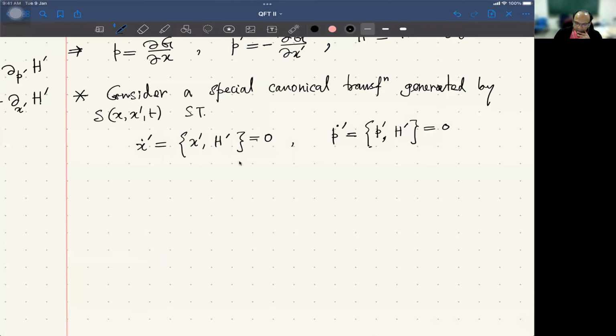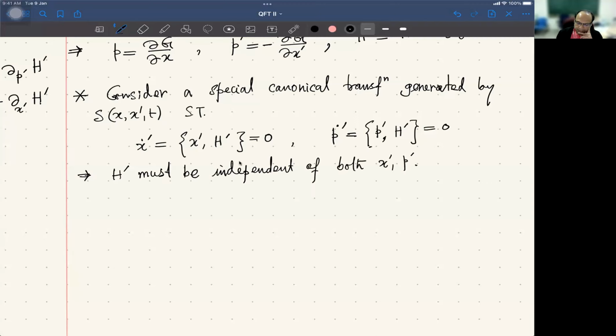Because both the Poisson brackets of x prime and p prime with h prime must vanish, h prime must be independent of both x prime and p prime, and therefore is a constant.